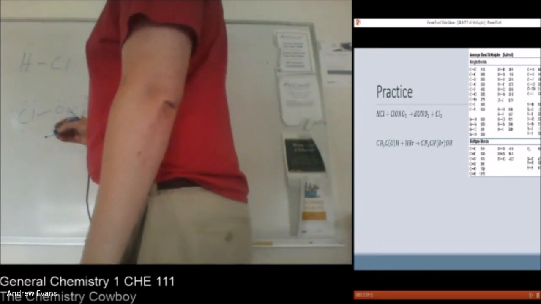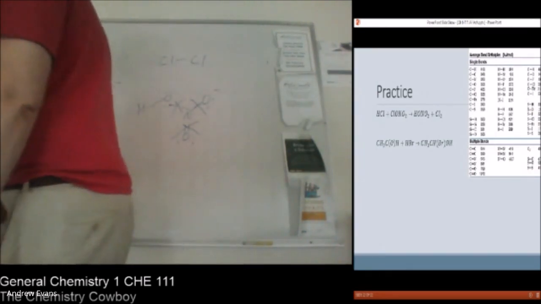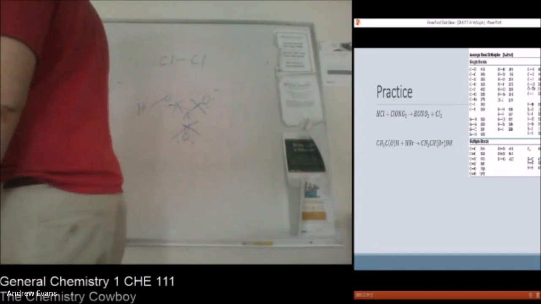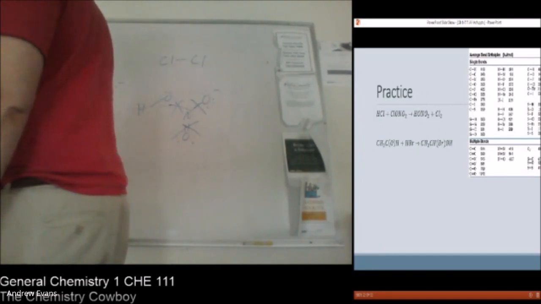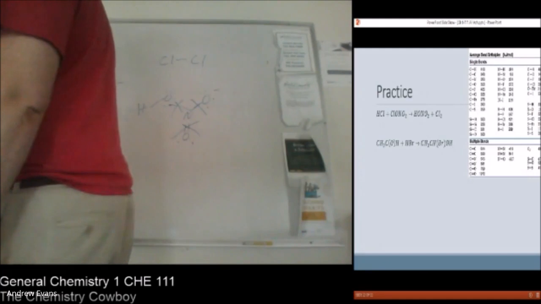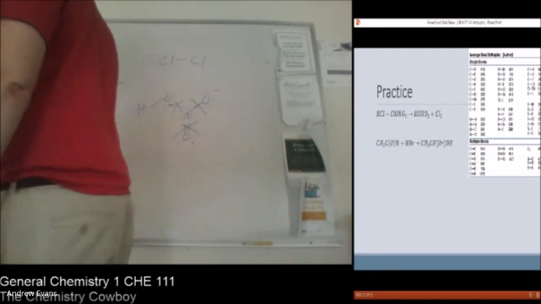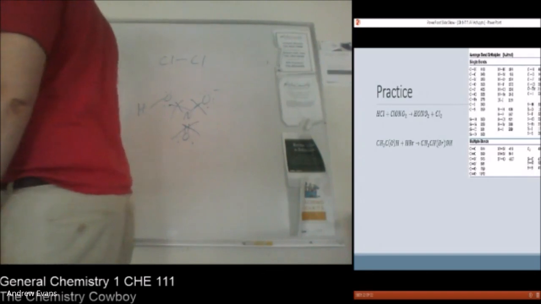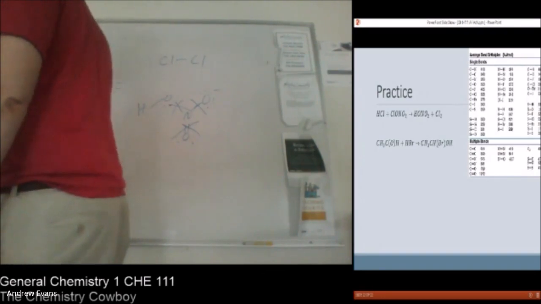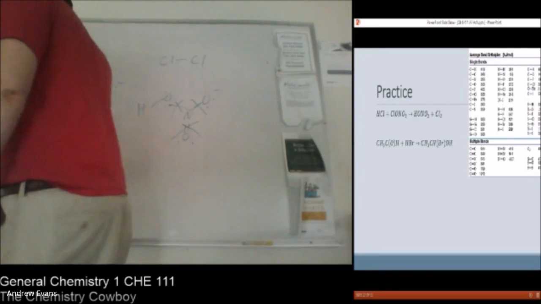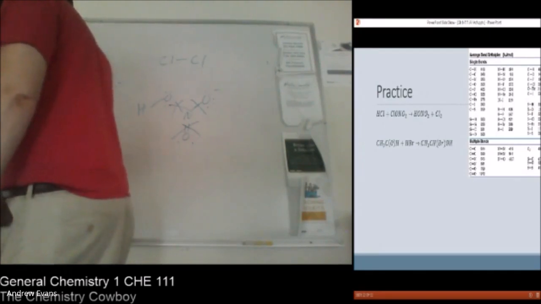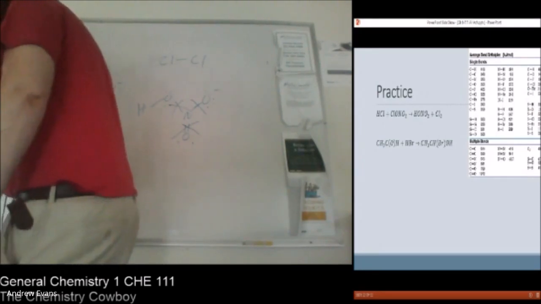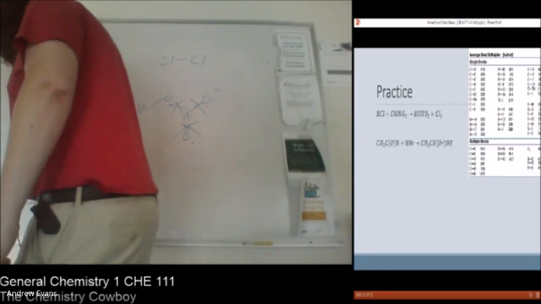So on the left, HCl is, you can find that, 431, and ClO or OCl is 203. Summing those up, you get 634.